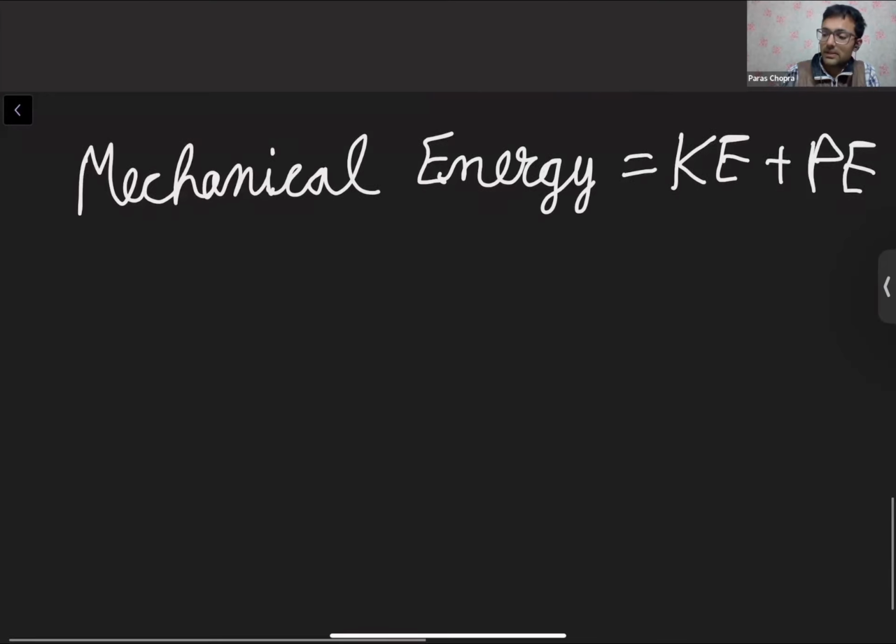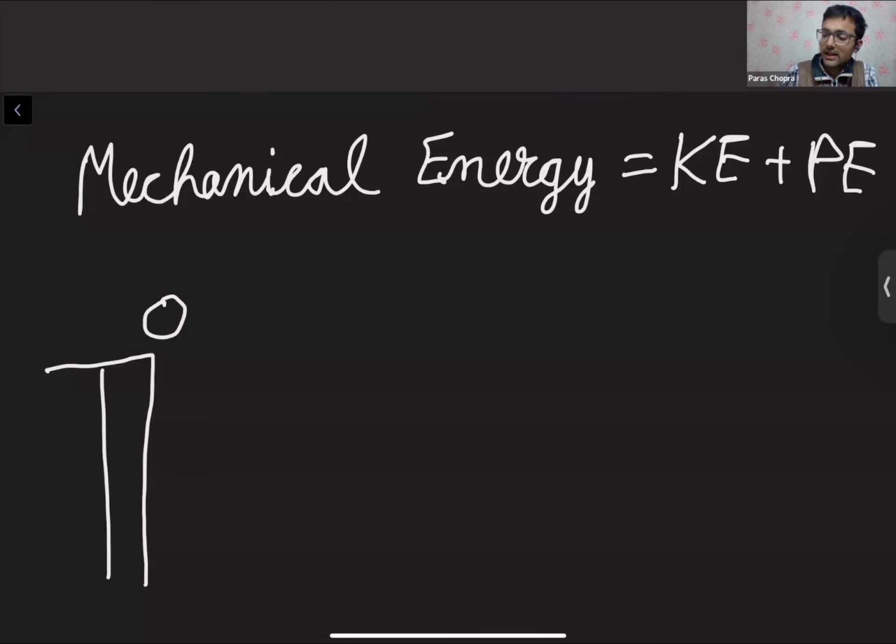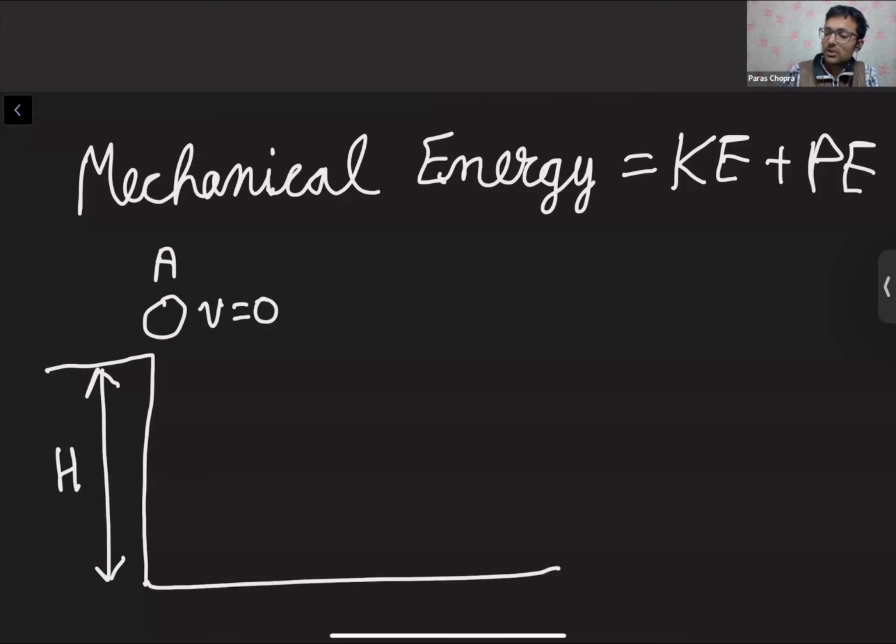So, for example, let us say we are dropping a ball from the top of a building which has a height capital H. Let's say initially the ball is at the topmost point and its velocity is 0. The ball is allowed to fall down freely onto the bottom of the surface.